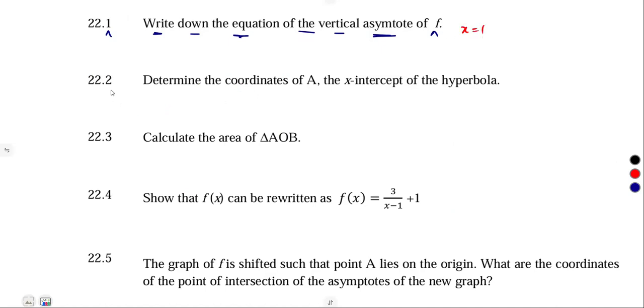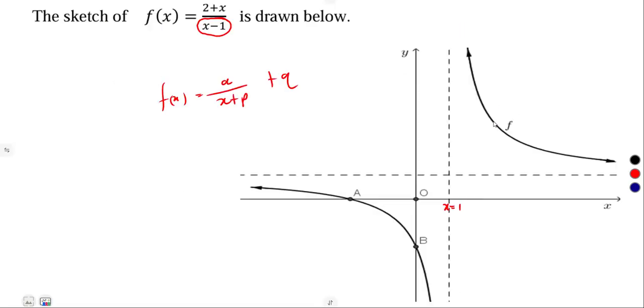Then 22.2, determine the coordinates of A, the x-intercept of the hyperbola. A is the x-intercept of the given hyperbola. So determine that x-intercept, where we do understand that for the x-intercept, y is equal to 0.